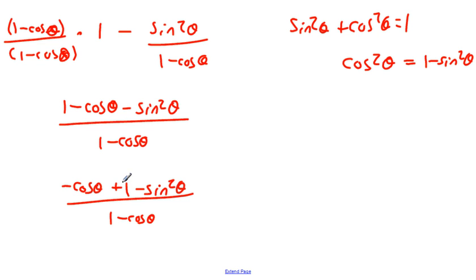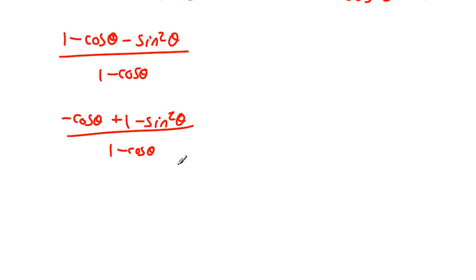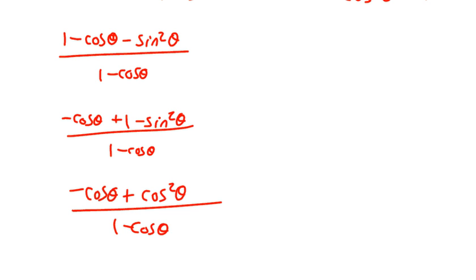So I can replace this whole thing with cosine squared theta. Okay, and that's what I'm going to do next. So negative cosine theta plus cosine squared theta all over 1 minus cosine of theta.